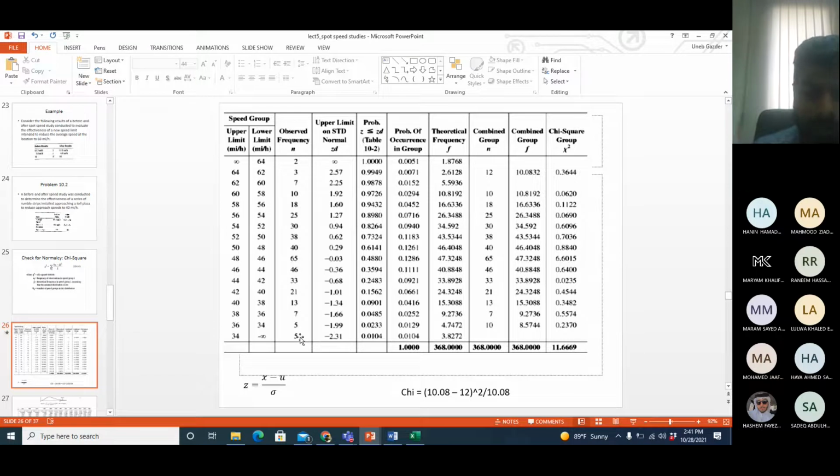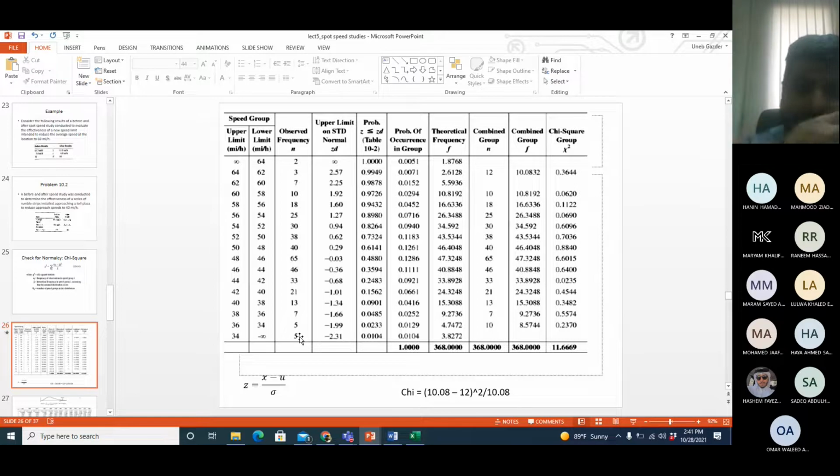So those groups were actually not observed. The speeds in those groups were not observed in the field. There was 0 observation in those groups, right? So I inserted these groups so that the frequency distribution curve is closed. Ends at 0, starts at 0. Now for the chi-square test, I will remove these groups. Okay, so no group at the start or at the end has 0 observation.